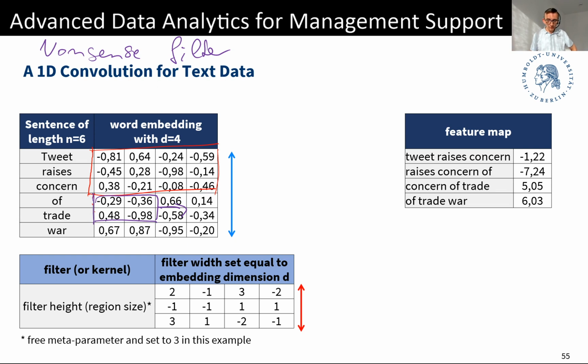If the region size is 3, then the first bunch of text over which we put our filter is tweet raises concern. And if we then move the filter downward, but only along the vertical dimension, the next text is raises concern of, and concern of trade, and of trade war.